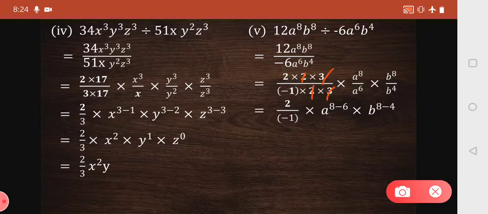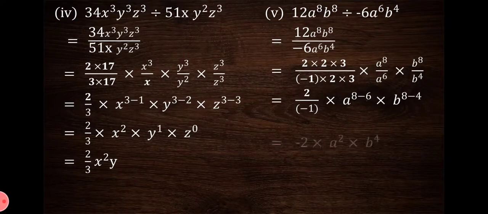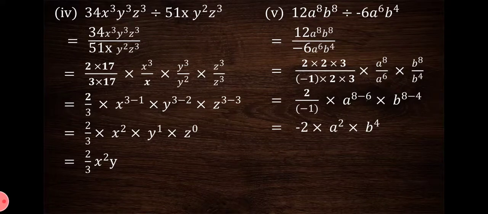So it will become minus 2 a raised to 8 minus 6, that is a square, into b raised to 8 minus 4, that is b raised to 4. So we will get minus 2 a square b4.